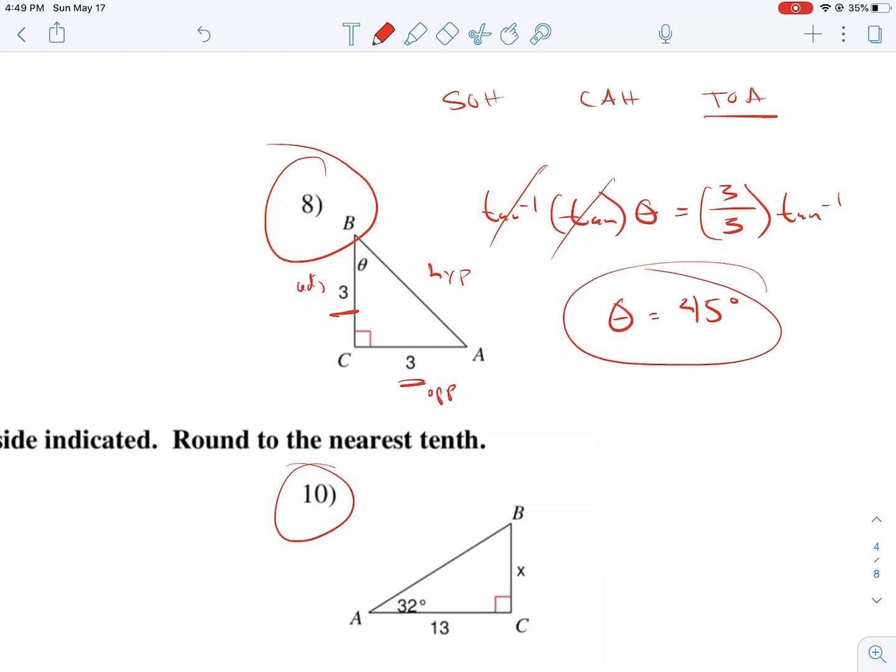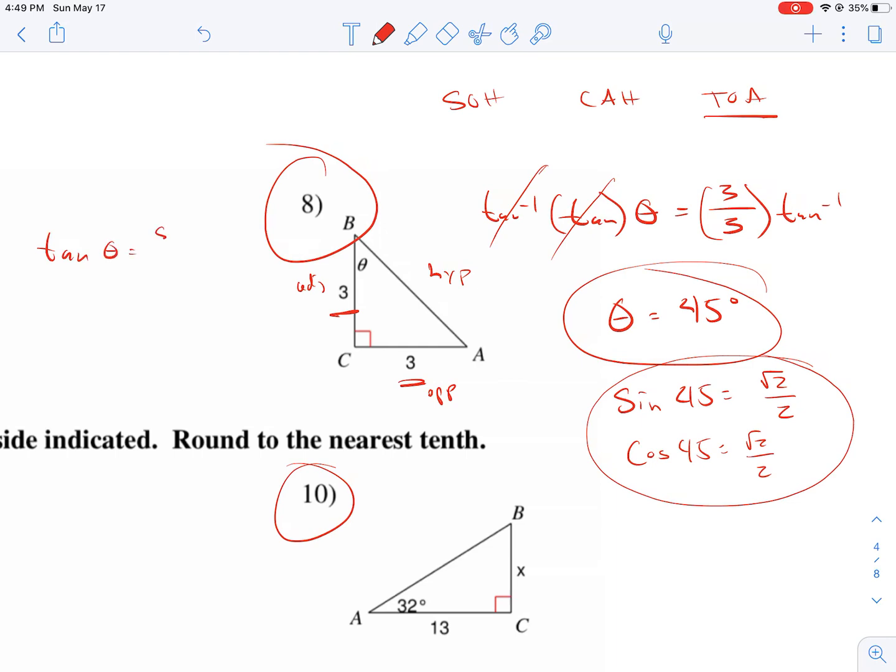But 45 degrees is special, because the sine of 45 degrees is equal to square root 2/2, and the cosine of 45 degrees is equal to square root 2/2. And that comes directly from our unit circle. What happens is tan of theta is equal to the sine of theta divided by the cosine of theta.